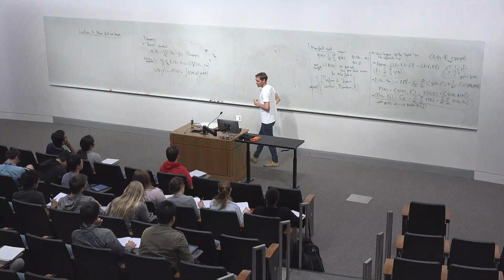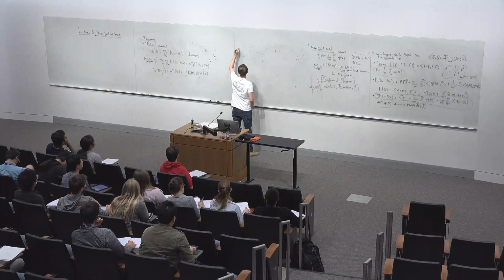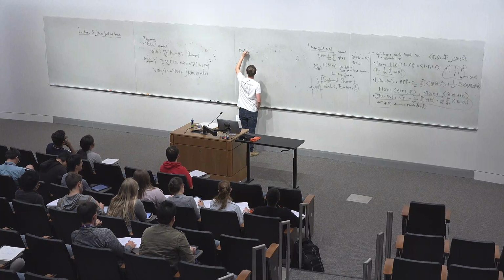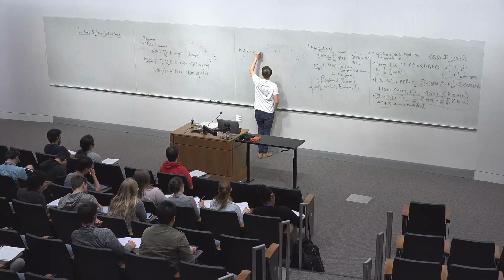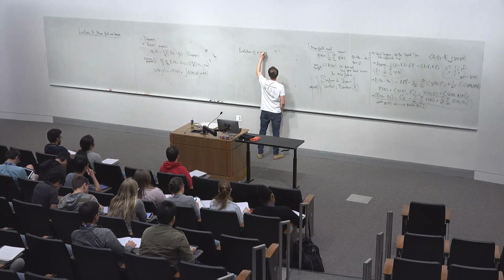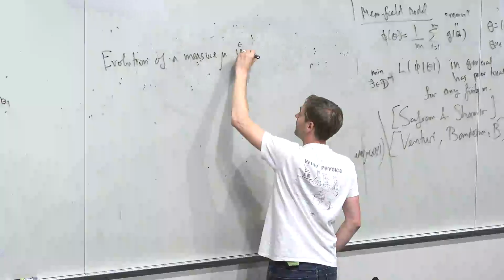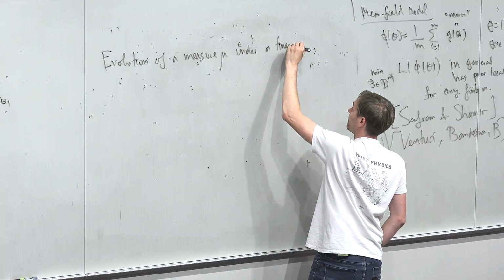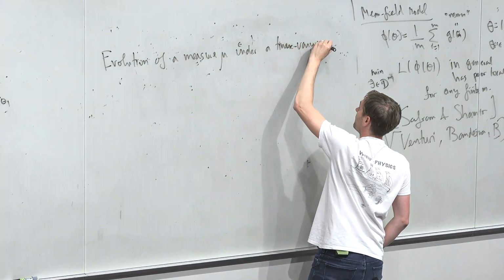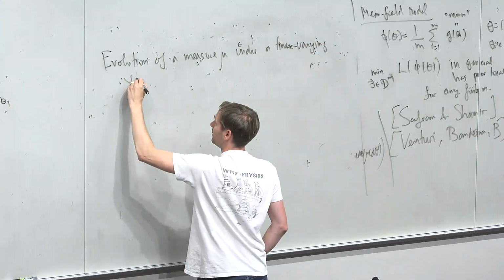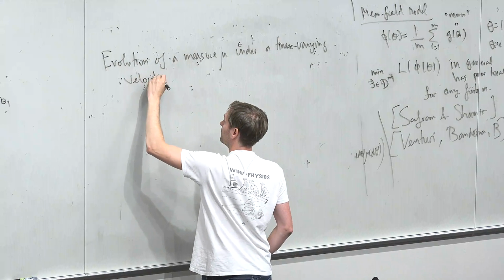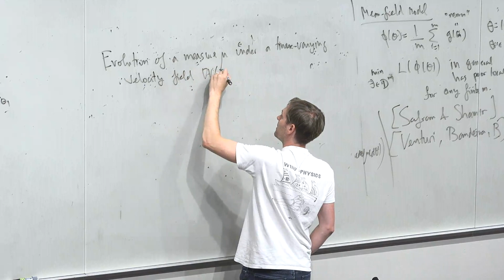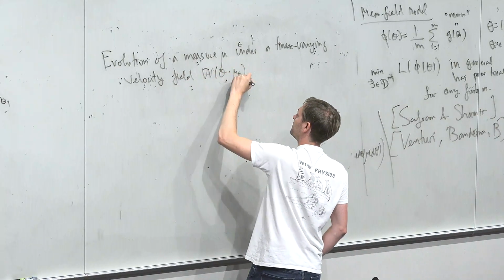So how can we describe the evolution of a probability measure mu under a time varying velocity field, gradient of V of theta, mu t?